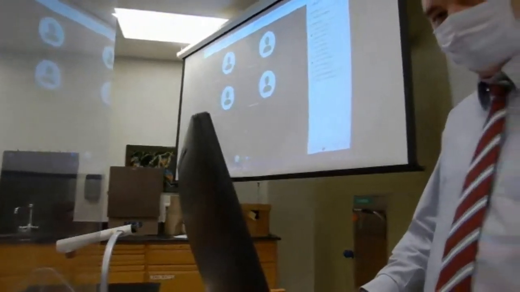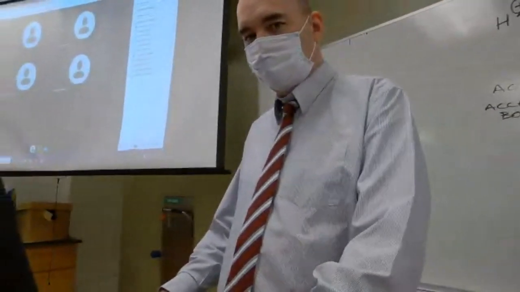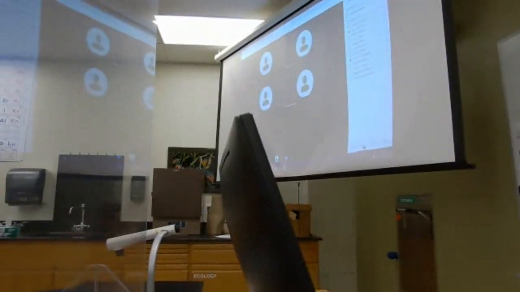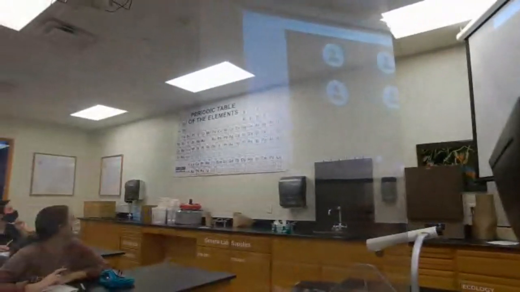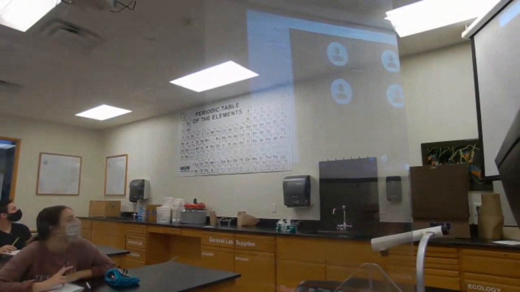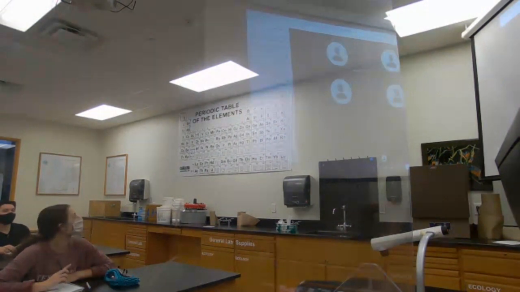Nope. No, it doesn't spin around nearly far enough. Where on the periodic table are the bases? Yeah, we're going to just use the regular numbering system until we get to inorganic chemistry.